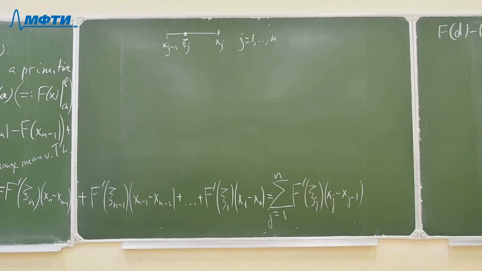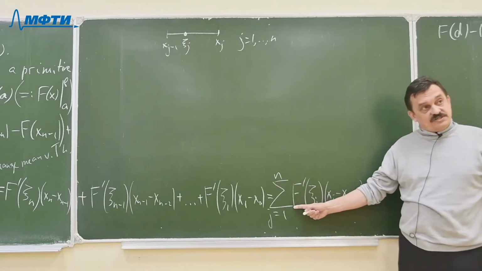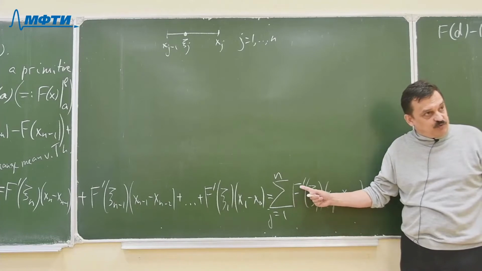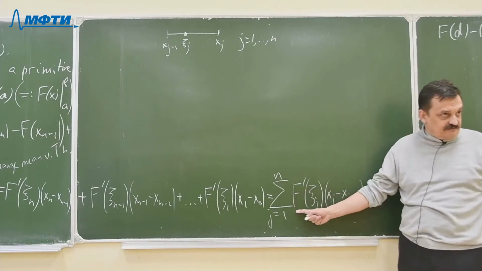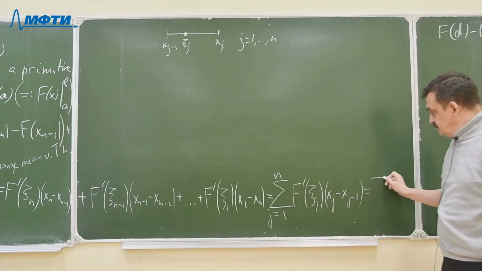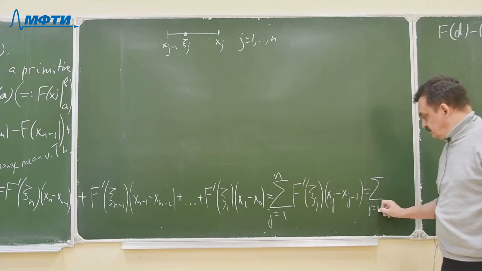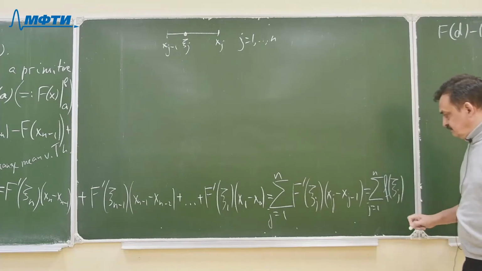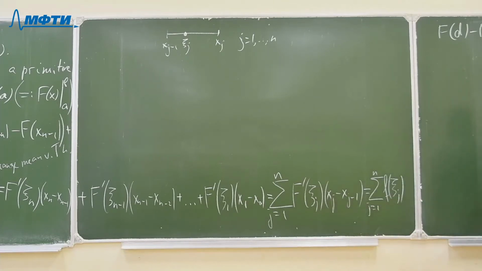Now, remember, capital F is a primitive, right? What does primitive mean? Capital F prime equals little f. So, sum of little f of xi j, and this difference was denoted by delta xj. So, what is it?